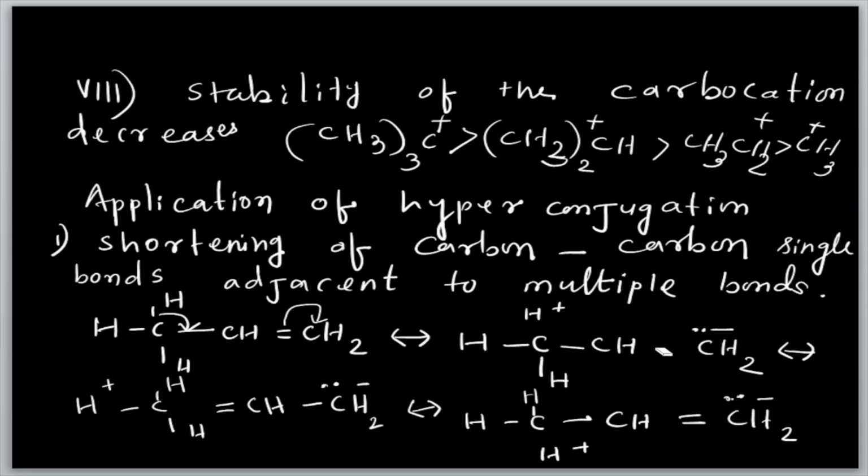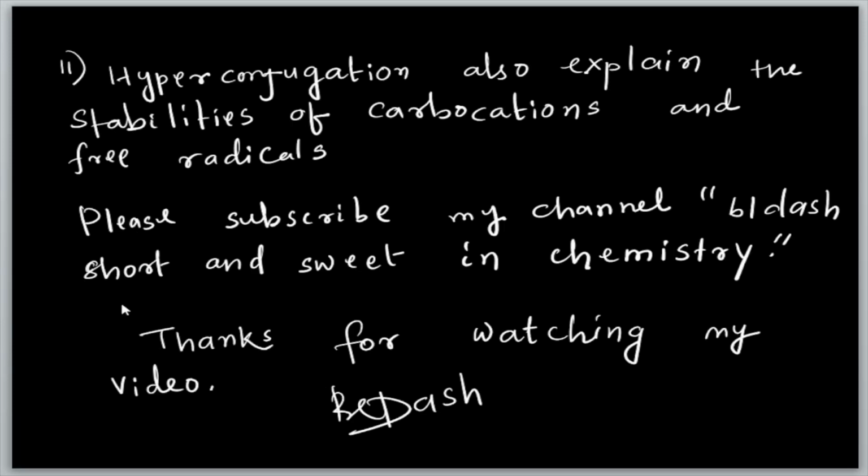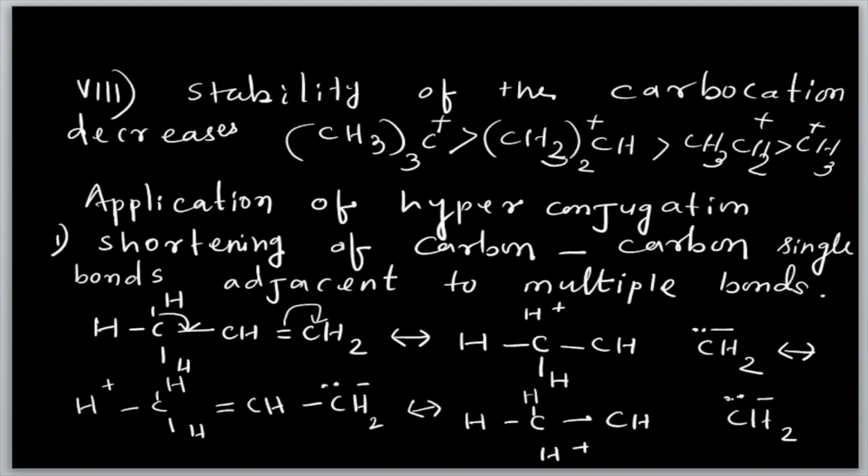So double changes to single bond. And see what happened here, double changes to single changes to double. Then you can see, since they localize to this side, this should be double, this should be single. And here it is correct, it is also correct, and here it should be double, it should be single. And this is the hyperconjugation example, CH3CH=CH2, that is propene.